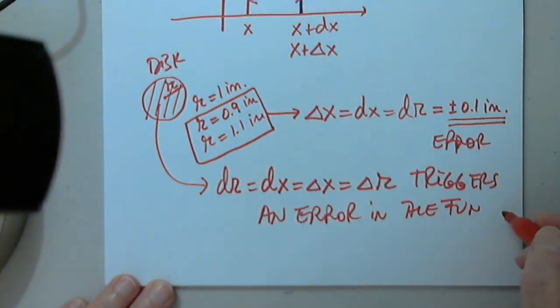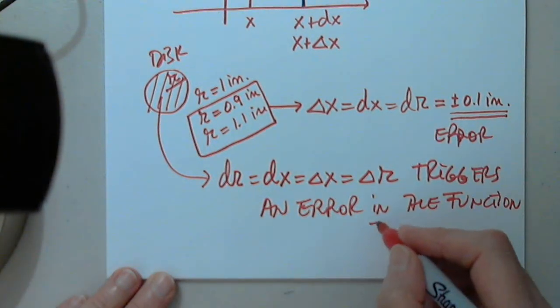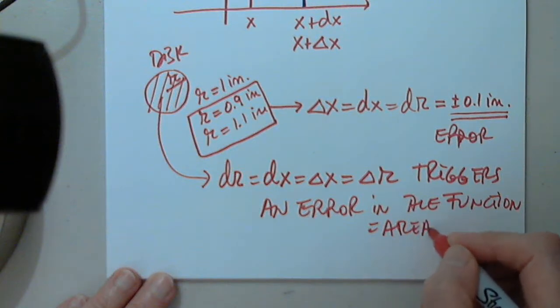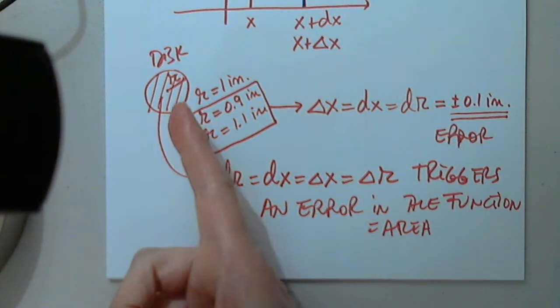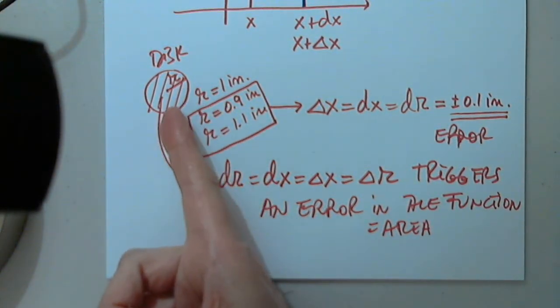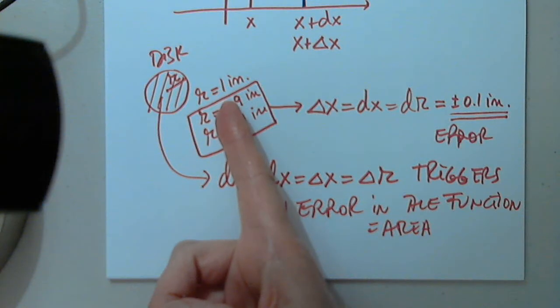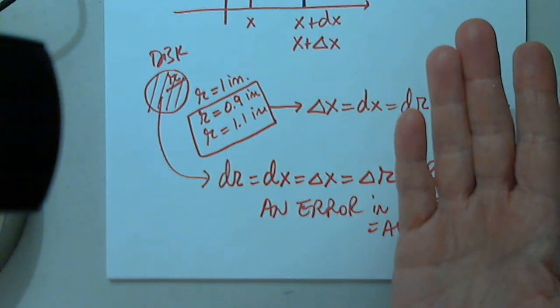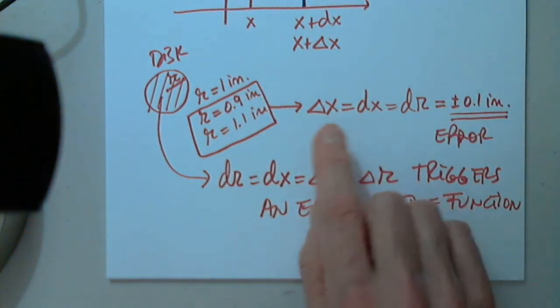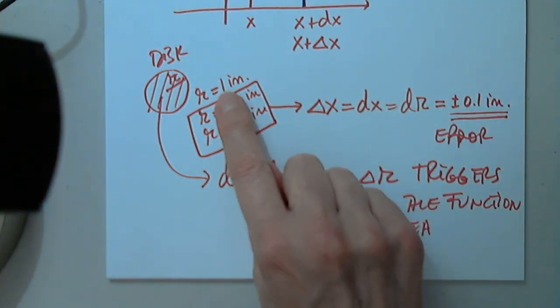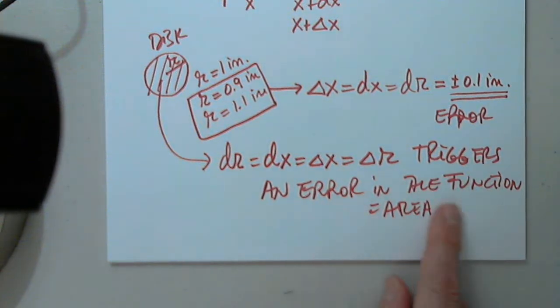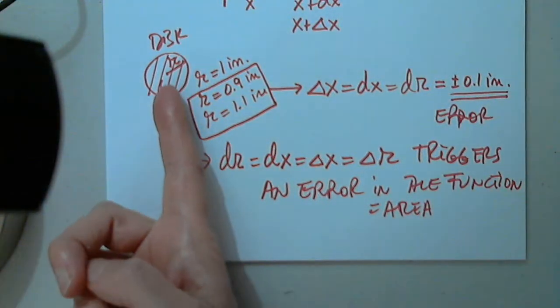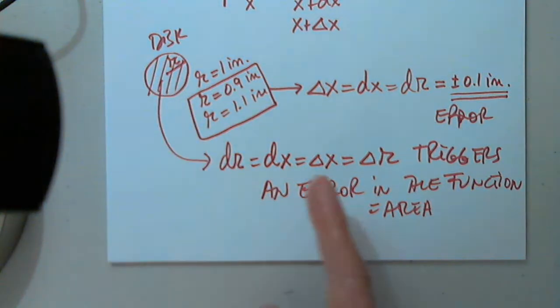In my example, the function is the area. So if the radius is exactly 1 inch as it should be, then the area will be pi r squared. But I do have a minor error in the radius. Well, there must be an error in the area then, because the error in the radius triggers the error in the area.